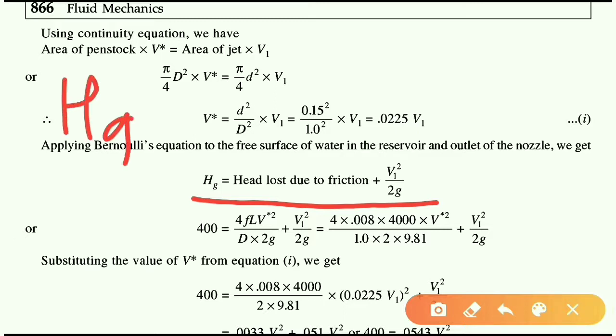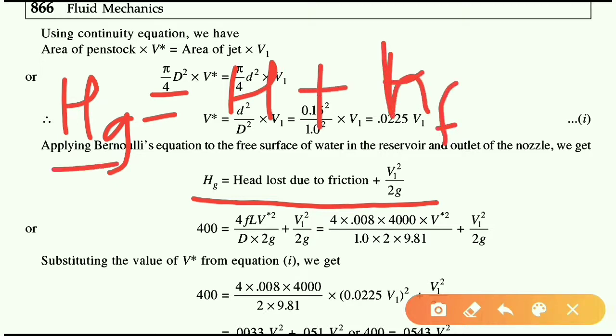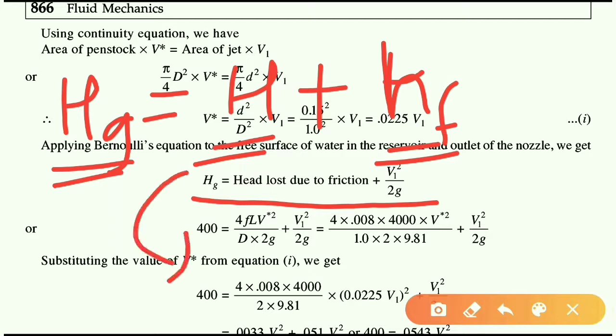In the simple form, it can be written as Hg is equal to H plus Hf, where Hg is the gross head, H is the net head, and Hf is the losses due to friction. So what is the net head? Net head can be calculated by V1 square upon 2g, and Hf is calculated by the Darcy-Weisbach formula.